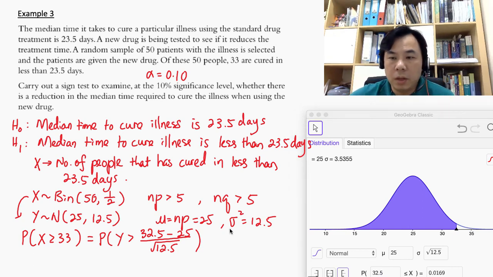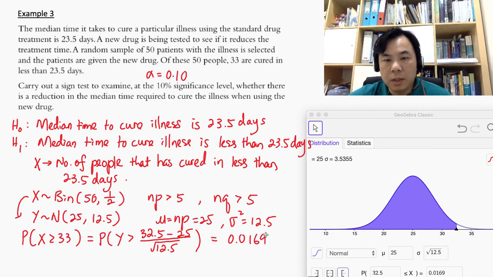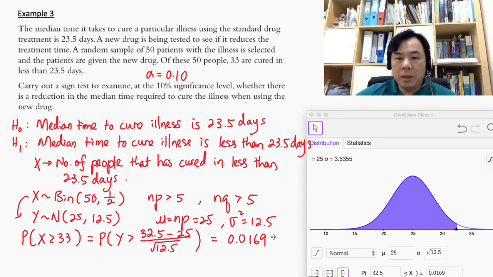So based on the calculations, the probability that is more than 32 is actually equal to 0.0169. Okay, and this 0.0169 is actually less than 10%, less than 0.1, because this is 10%.